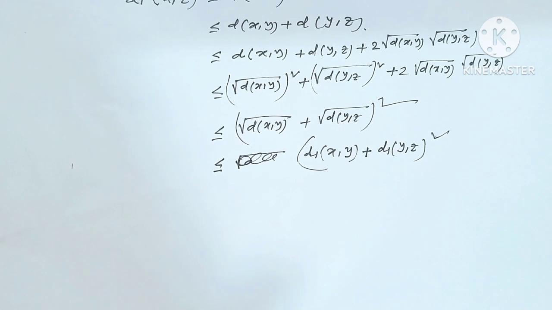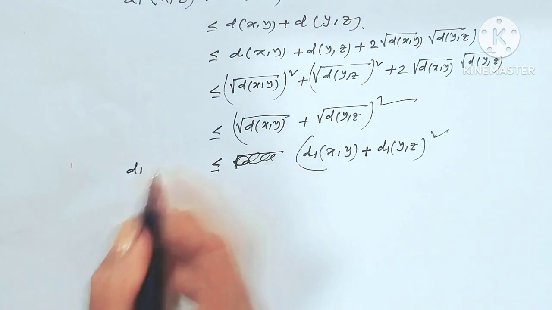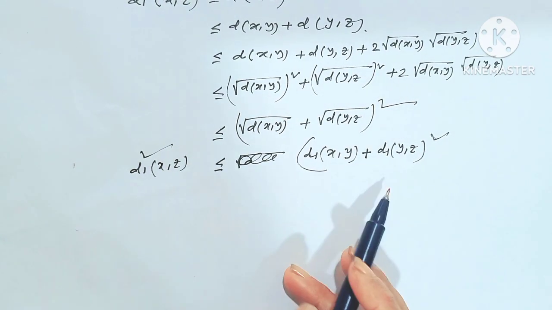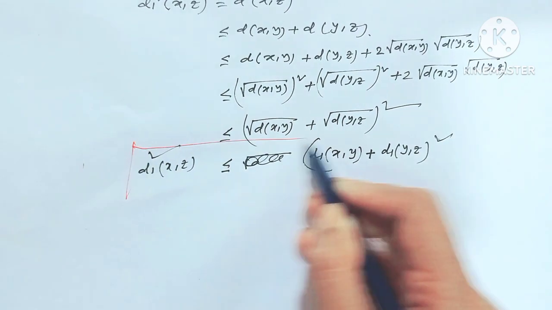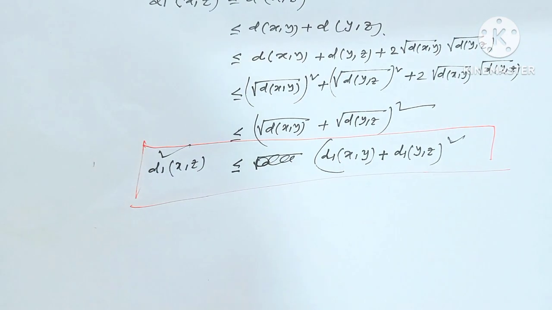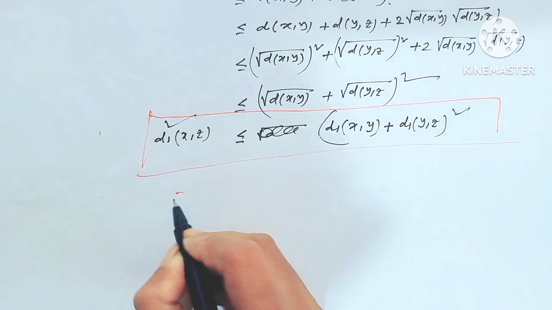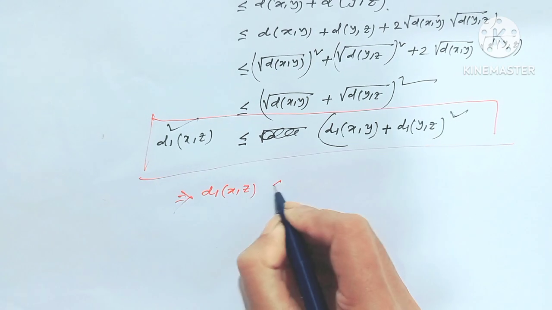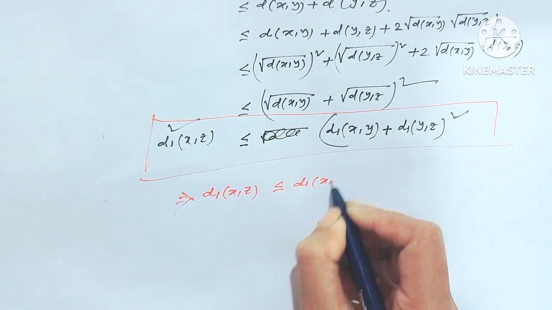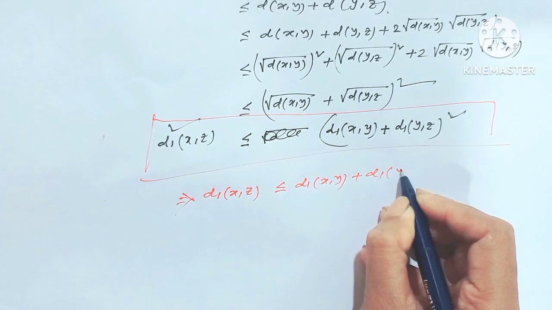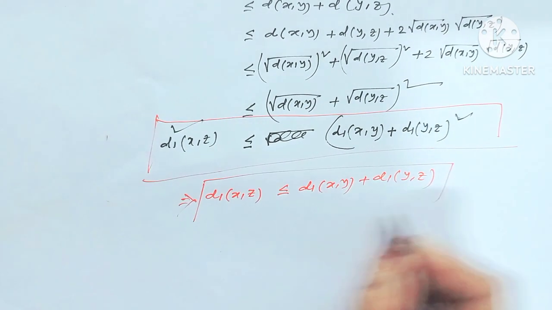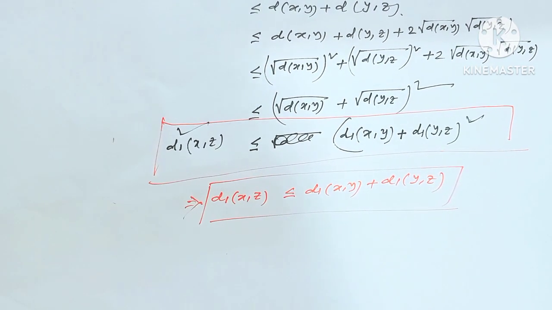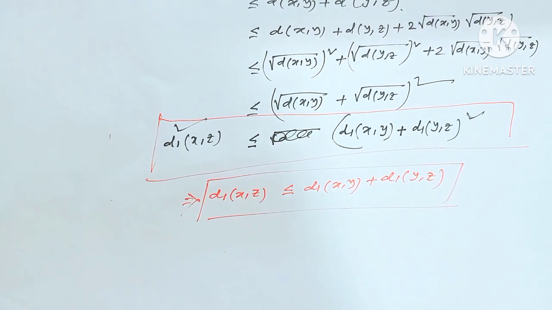Therefore, I have got d1(x,z) whole squared less than or equal to d1(x,y) plus d1(y,z), whole squared. Taking the square root of both sides, d1(x,z) is less than or equal to d1(x,y) plus d1(y,z). So d1 satisfies the triangle inequality also.